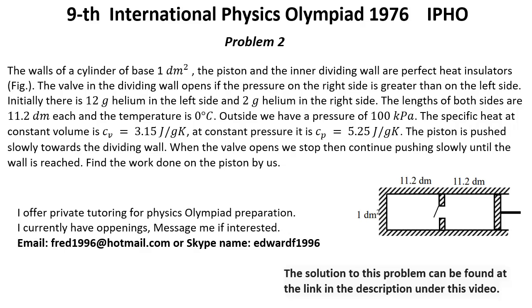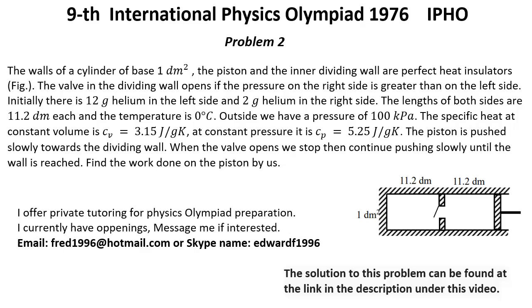Initially there is 12 gram helium in the left side and 2 gram helium in the right side. The lengths of both sides are 11.2 decimeters each, and the temperature is 0 degrees Celsius. Outside we have a pressure of 100 kilopascal.